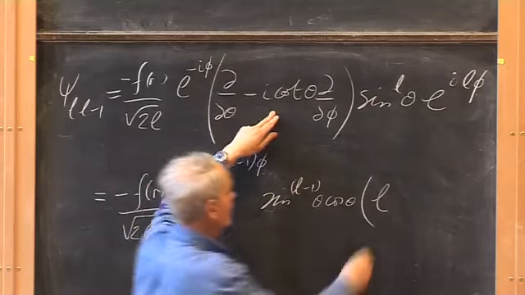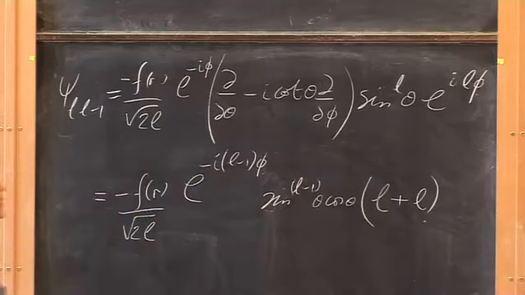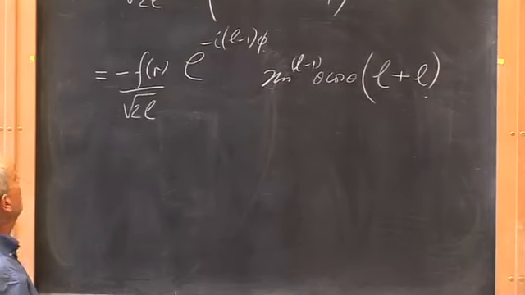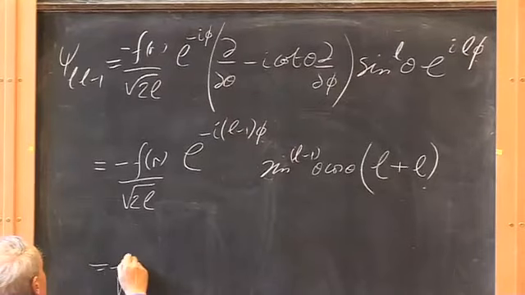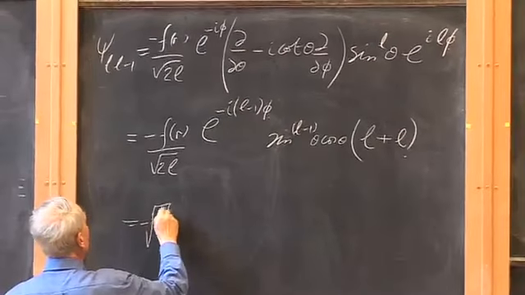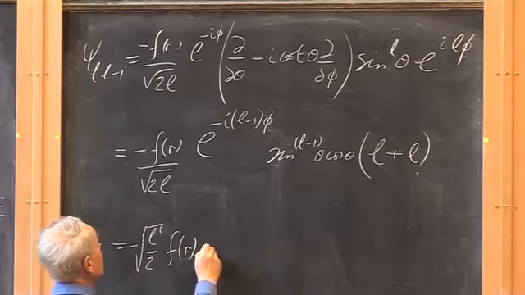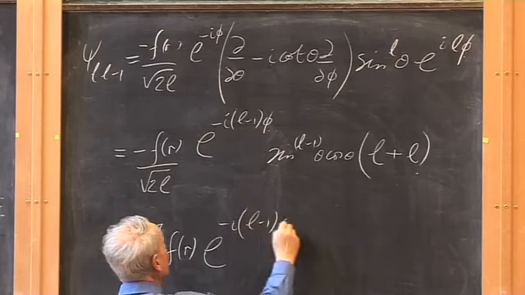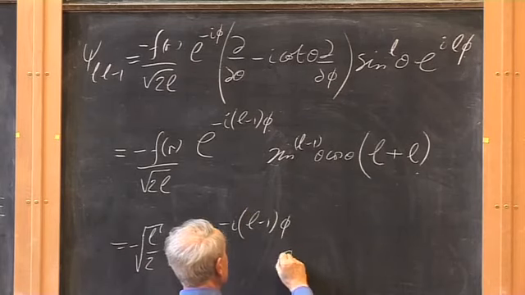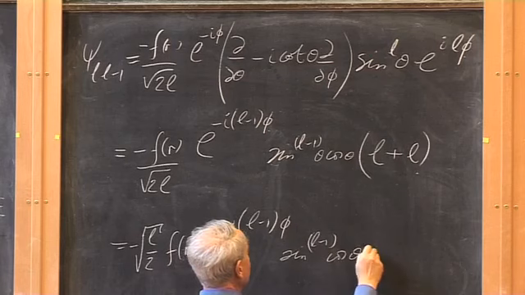They will cancel, so I think it'll be plus another L of the same stuff. So you see that we have something like the minus square root of L over 2, whatever your unspecified function of radius was, e to the minus I, L minus 1 phi, times sine L minus 1 cosine theta.